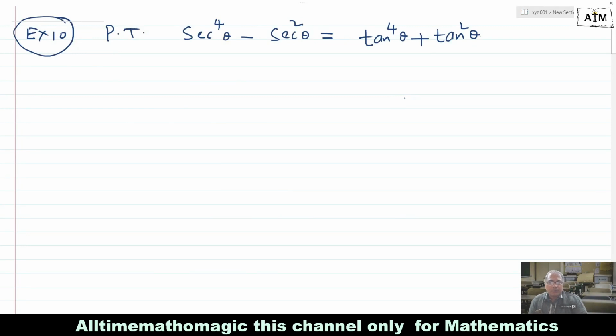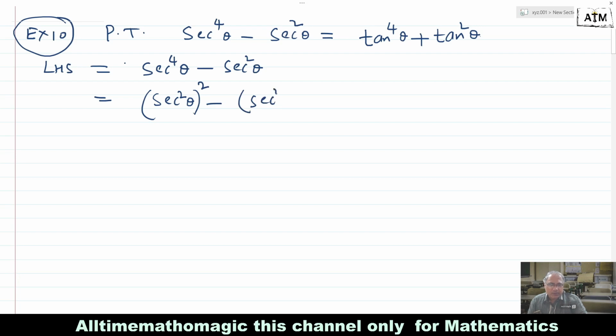Example 10. Prove that sec raised to 4 theta minus sec square theta equals tan raised to 4 theta plus tan square theta. Now taking LHS. LHS equals sec raised to 4 theta minus sec square theta. Sec raised to 4 theta can be written as sec square theta whole raised to 2, minus sec square theta, writing in the bracket.